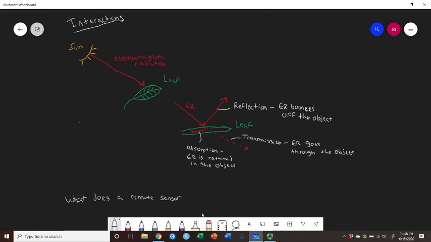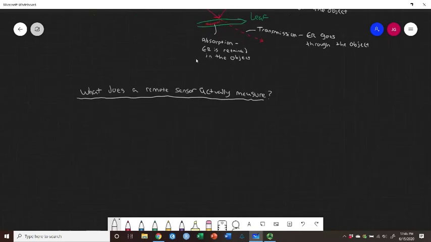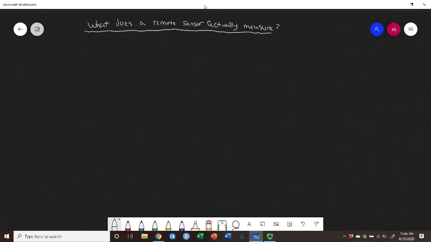What does a remote sensor actually measure? All right, and to do this, we have to expand upon these concepts to talk about a much larger scale. And so I'm going to scroll down here a little bit, give ourselves a blank canvas to work with.